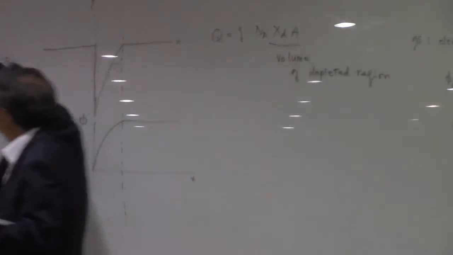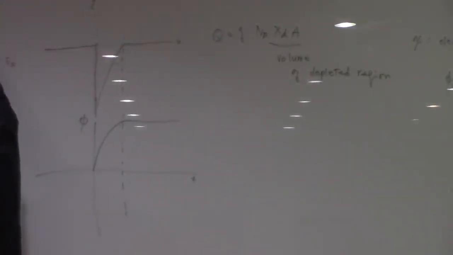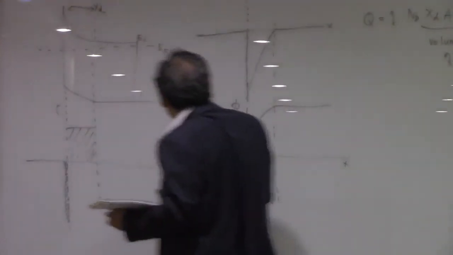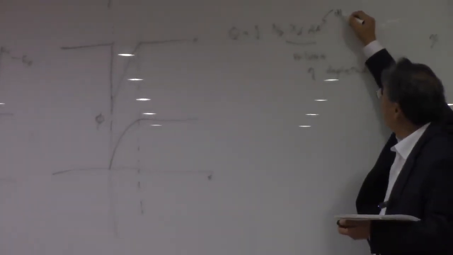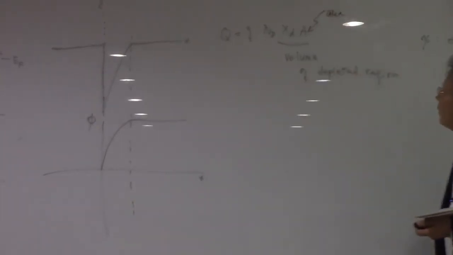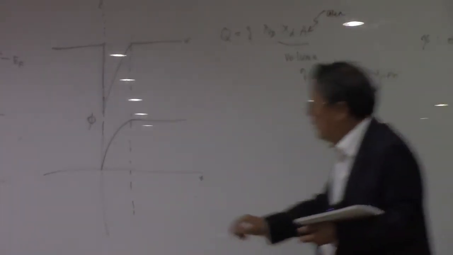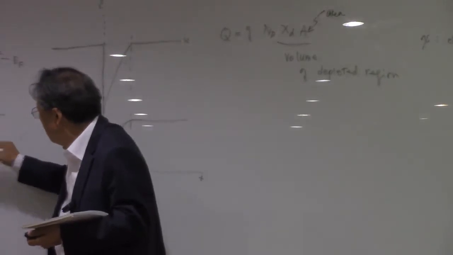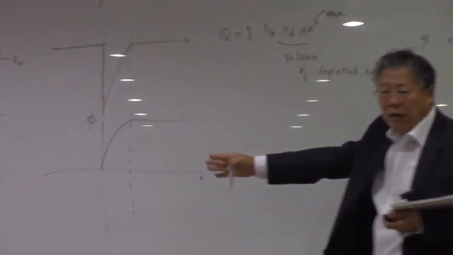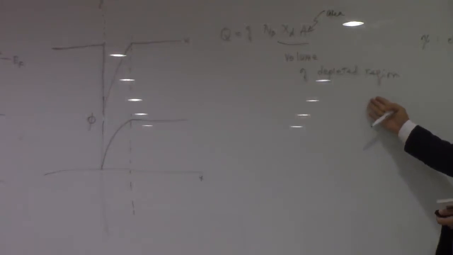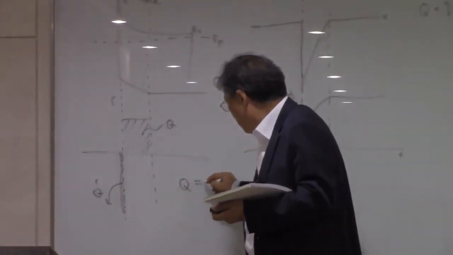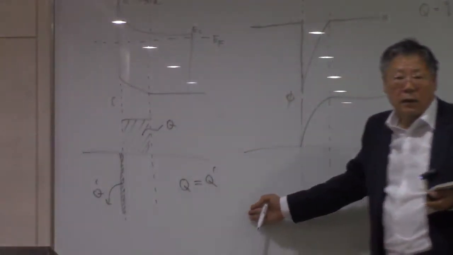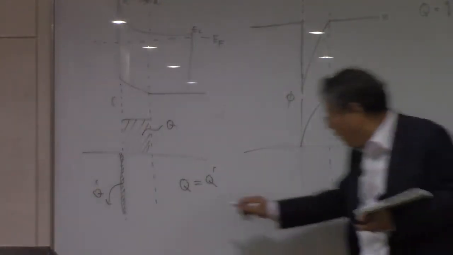So if this distance is XD, and the area of the junction is A, then the charge corresponding to this shaded area should be written like this. And if the charge here is Q prime, Q should be equal to Q prime all the time. Otherwise, charge neutrality cannot be maintained.